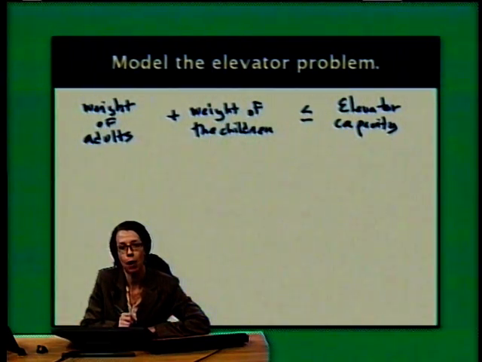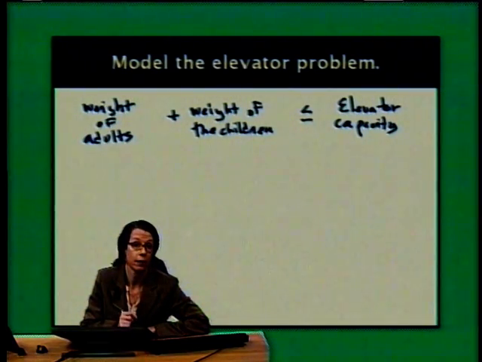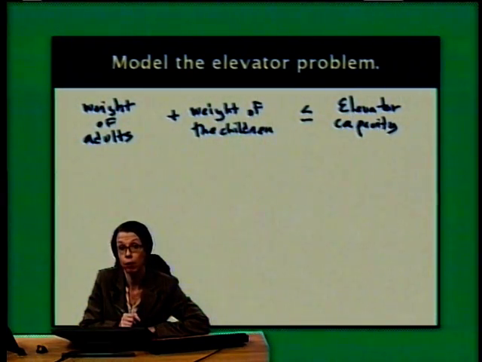So let's think about how we would determine the weight of the adults. We're given the information that on average an adult weighs 160 pounds. So if we multiply the number of adults by the average weight, that will tell us the total weight of the adults. We can do a similar calculation for the children. So what I need here for variables are the number of adults and children that will be in the elevator.